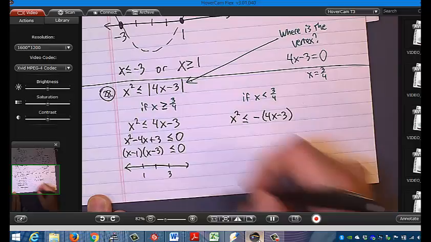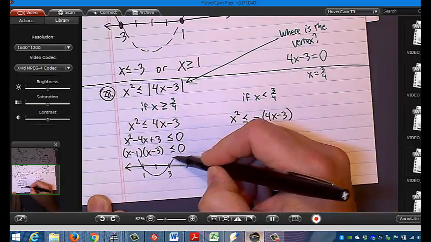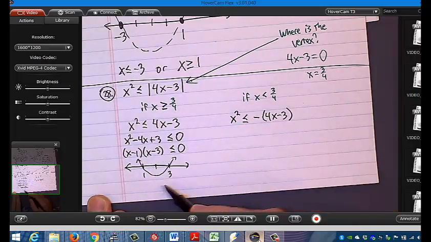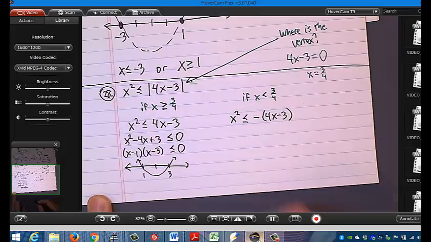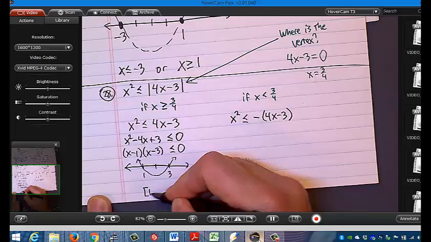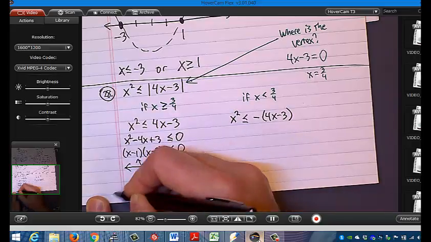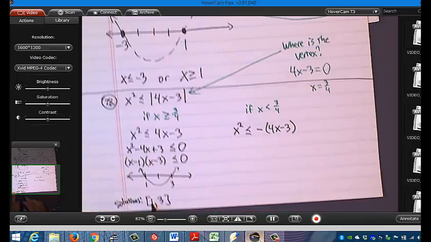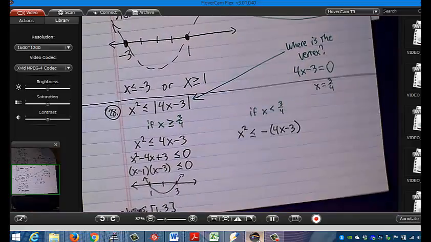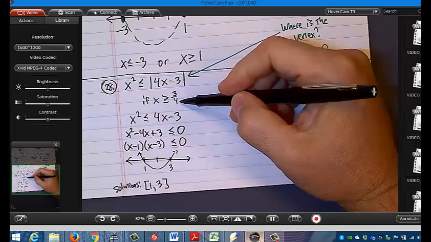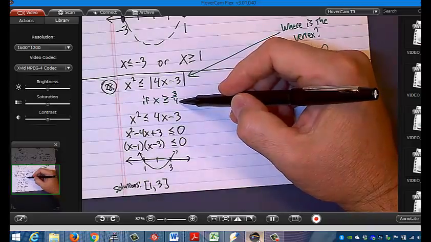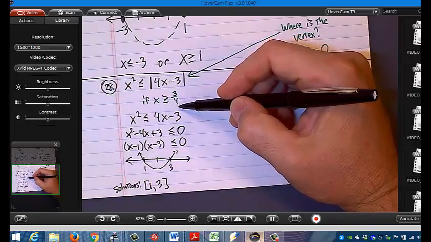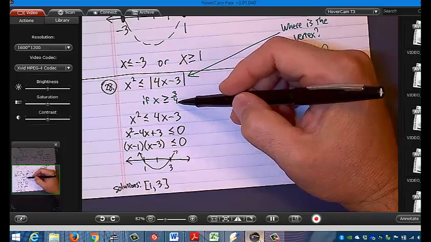Upward. So where are the solutions here? Everything between, and we want to include 1 and 3, right? These are solutions. Oh, I need to check. Are all of those solutions bigger than 3/4? Yes. Okay, that's good. If not, I'd have to be a little worried about what happened.